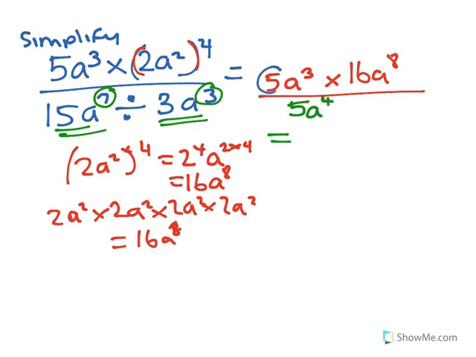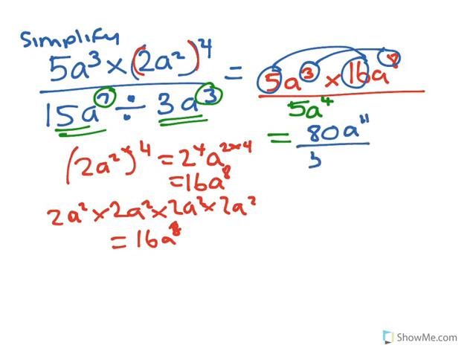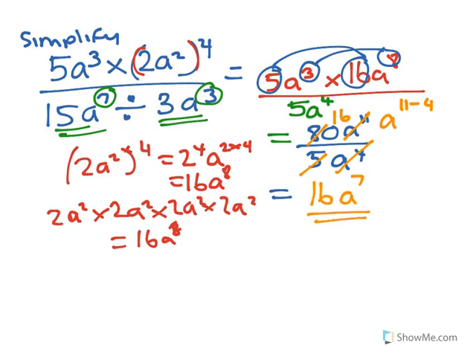Now, on the top line, we go 5 times the 16, which is 80. a3, a8 would be a11, over 5a4. And now we've just got division. So 5 into 80 goes 16 times. a11 divided by a4 would be a to the 11 minus 4, which is 16a to the 7.